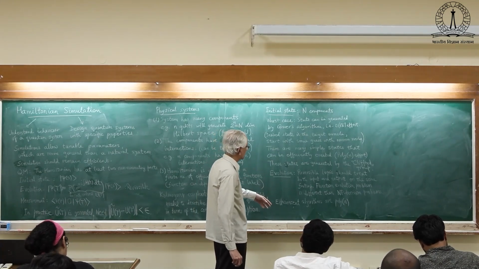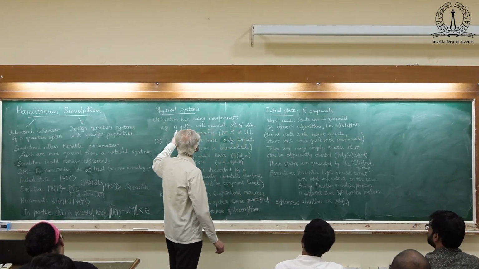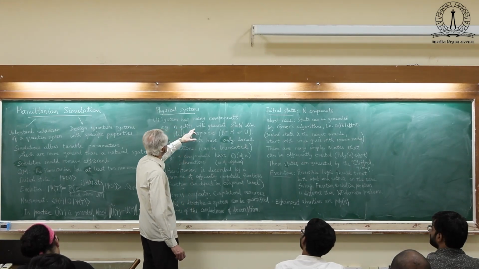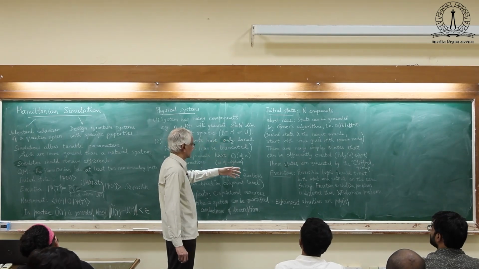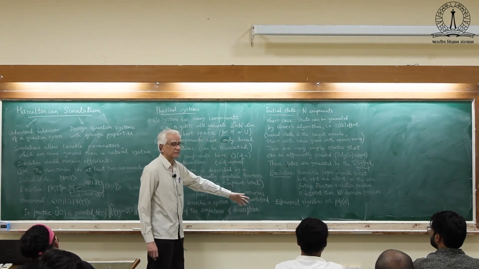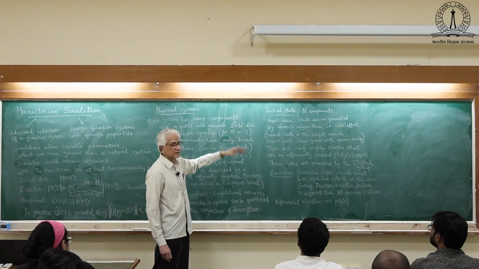There was an input which in essence is defined by the number of components, and you want the algorithm to be polynomial in that, okay, not in this exponentially large space.